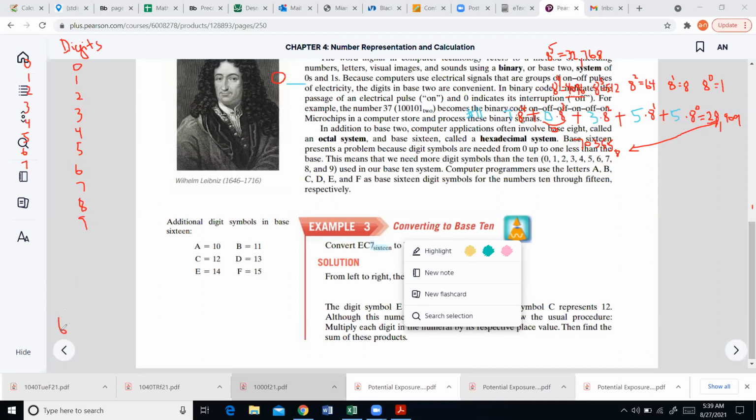See, if base is 16, you need to have 16 digits. You have already 10, so 6 more. And they say put A, B, C, D, E, F. So the digits will be from A to F, those that correspond to 10 and so forth.